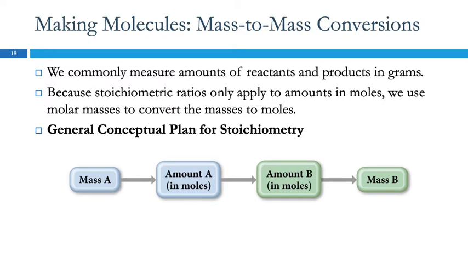So this is the general path. Mass of one thing, you're going to convert that to the amount of it in moles. You go from mass to moles using the molar mass. Then moles of A to moles of B, coefficients in the balanced equation. Moles of B to mass of B, its molar mass.